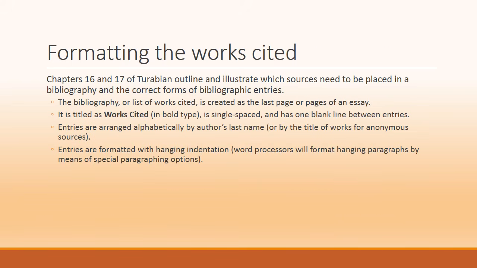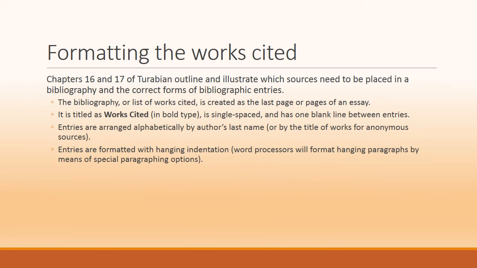Well, formatting the list of works cited. In the Turabian manual, chapters 16 and 18 outline and illustrate which sources need to be placed in a bibliography and the correct forms of bibliographic entries. The bibliography, or list of works cited, is created as the last page or pages of an essay. It is titled Works Cited in bold type.